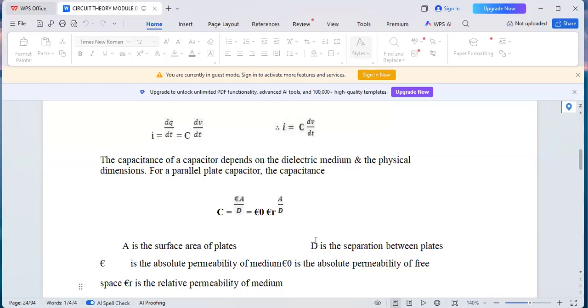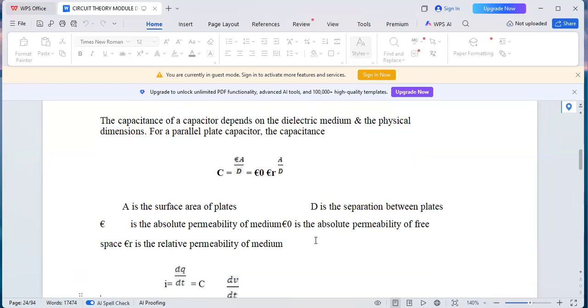Then epsilon naught, with a 0, is the permittivity of free space. Then epsilon r is the relative permittivity of the medium.